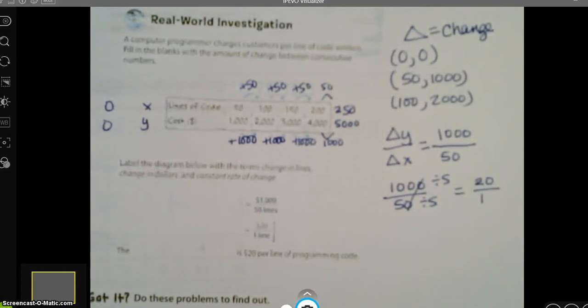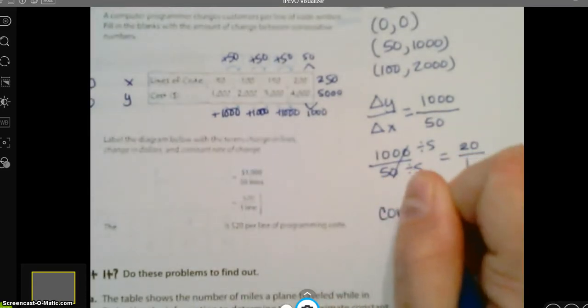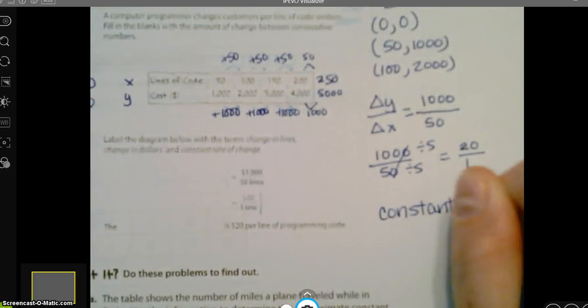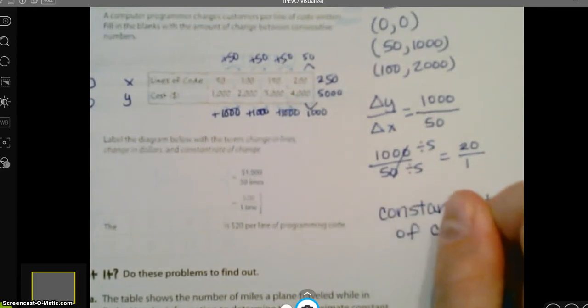So I want you just to write this down on a sheet of paper right now. If you have a constant rate of change, and we do, because notice it's changing each time by the same amount.